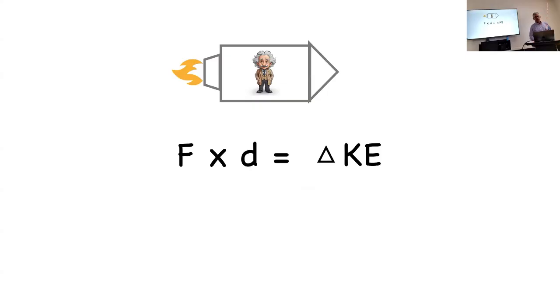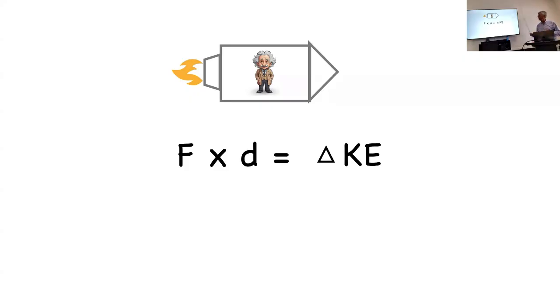And one other bit of classical mechanics. If you apply a force over time such that the body in question goes a certain distance, the increase in kinetic energy is force times distance traveled. Just a very simple equation, but that comes from Newton.